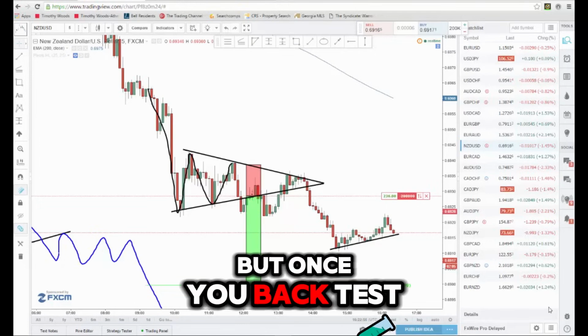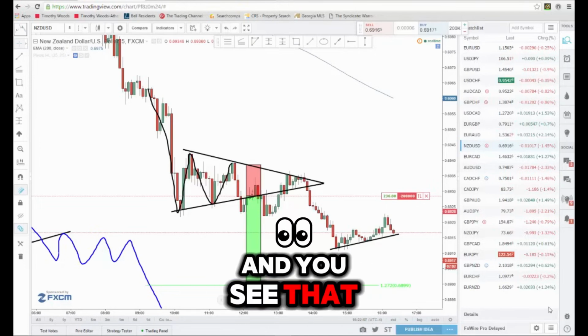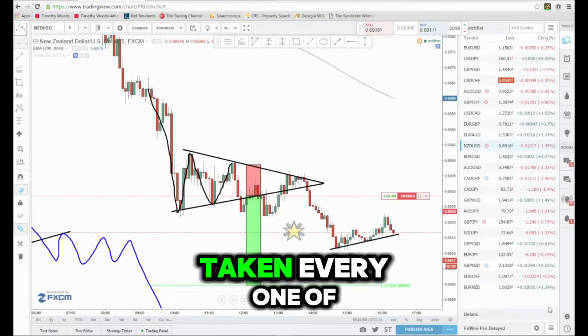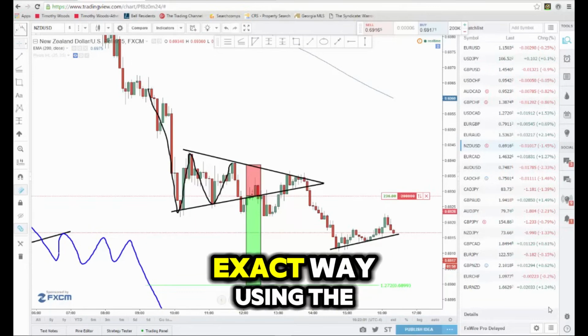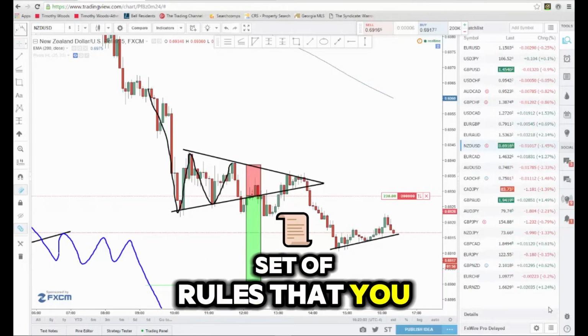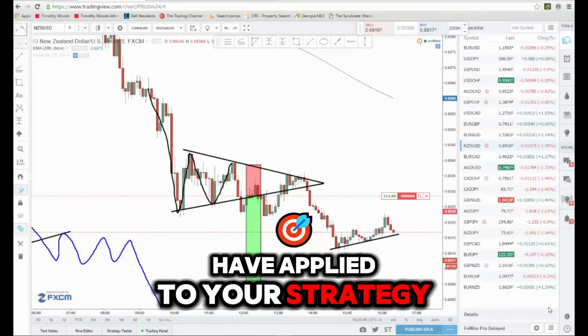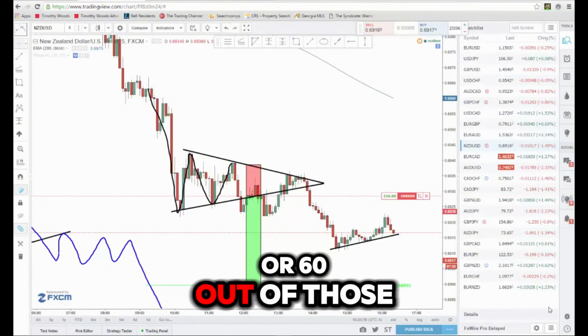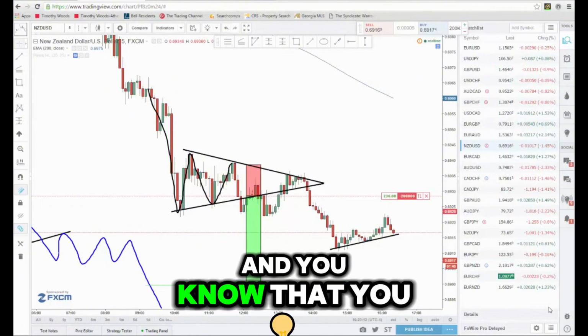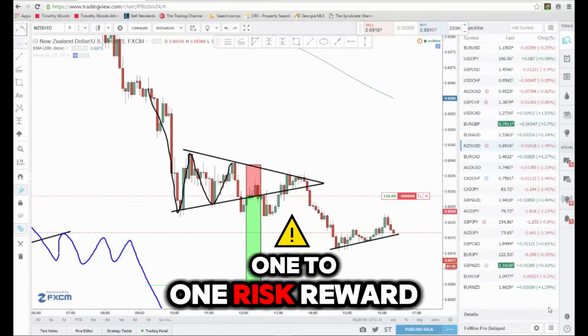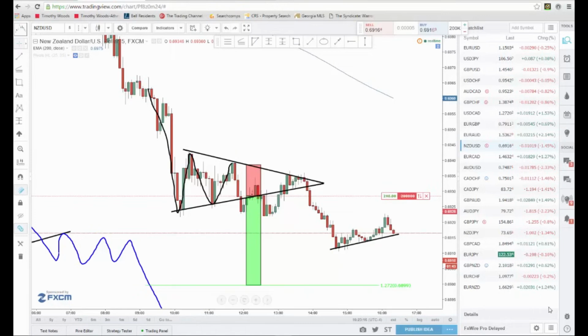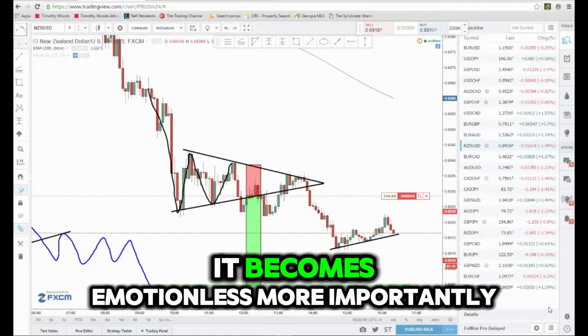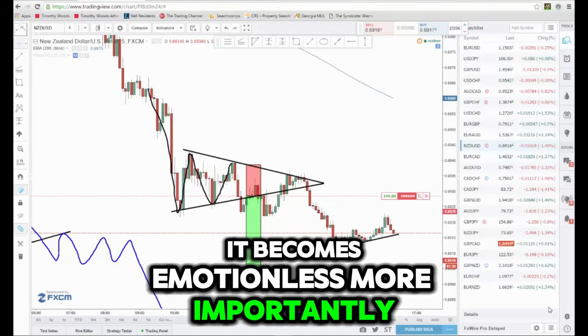But once you back test the strategy and you see that out of 100 trades, if you would have taken every one of them in the same exact way, using the set of rules that you have applied to your strategy, that you would have been right 70 out of those 100 times, or 60 out of those 100 times. And you know that you on average had more than a 1-to-1 risk reward, then it becomes effortless. It becomes emotionless, more importantly.